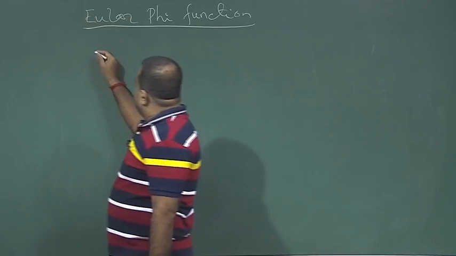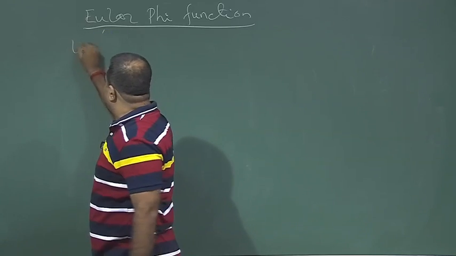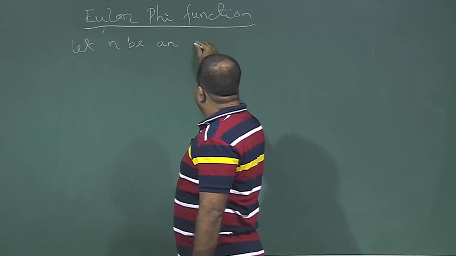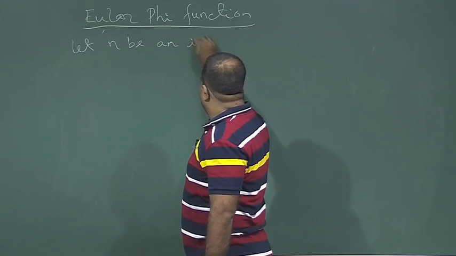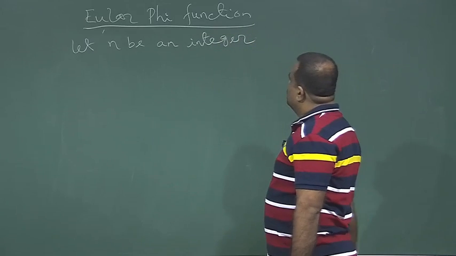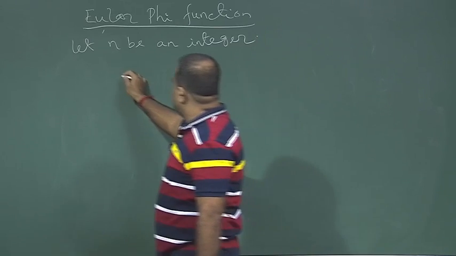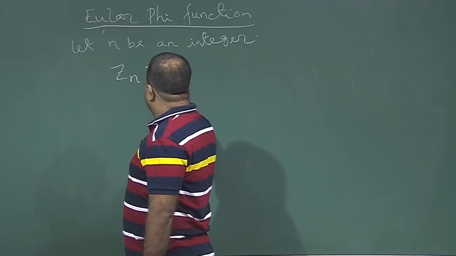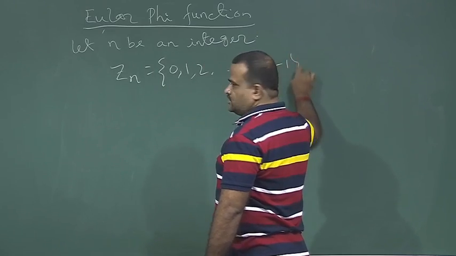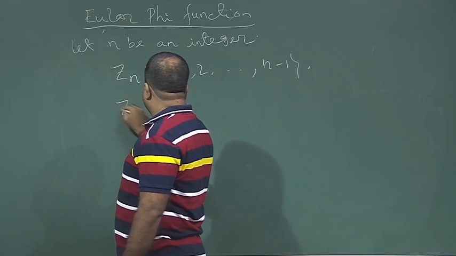So, Euler Phi function, let n be an integer, we usually take a positive integer. Okay. Then we know this set Zn is basically 0, 1, 2 up to n minus 1, and then we know Zn star.